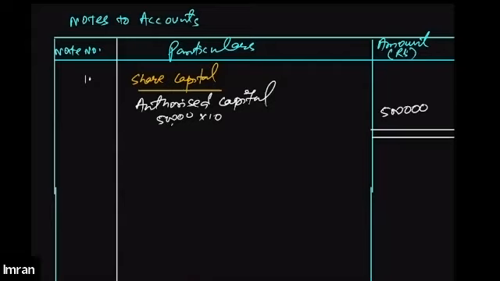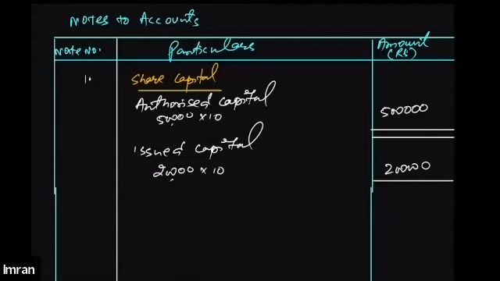Then after the authorized capital, we'll write down the issued capital. Issued capital is also easy. 20,000 shares have been issued, having a face value of 10 each. That means total issued capital is 2 lakh.